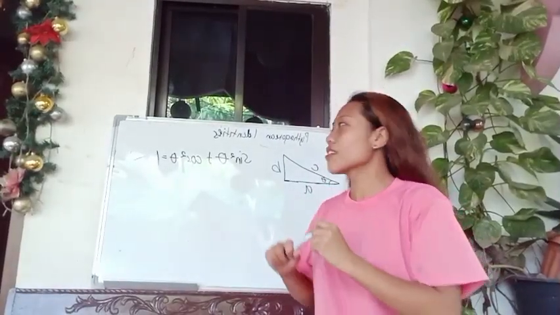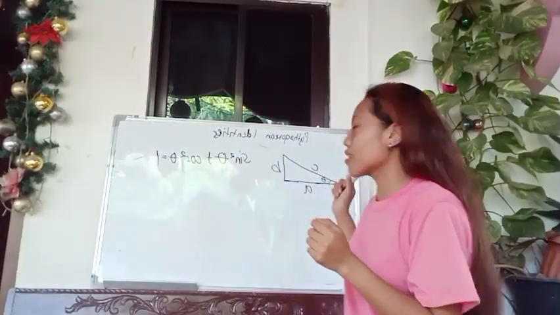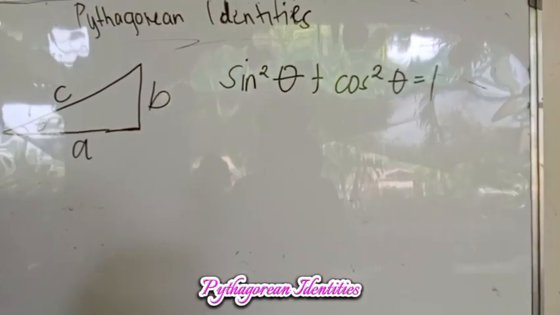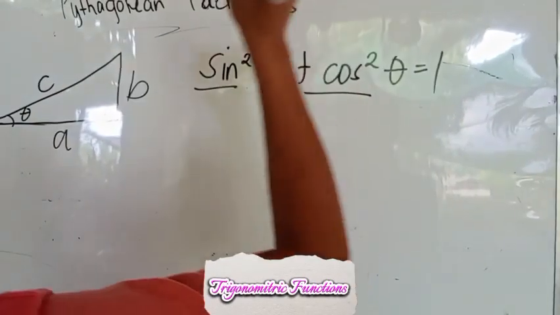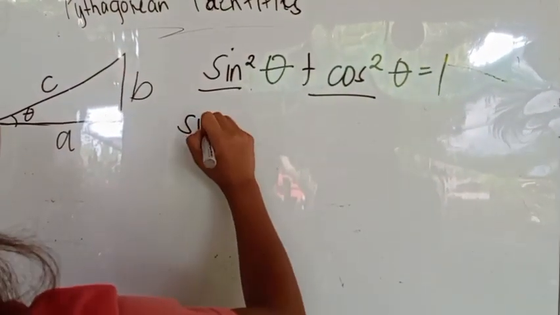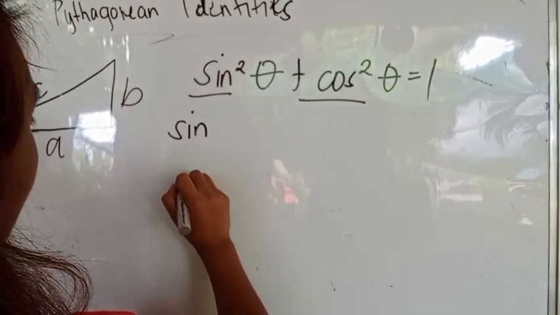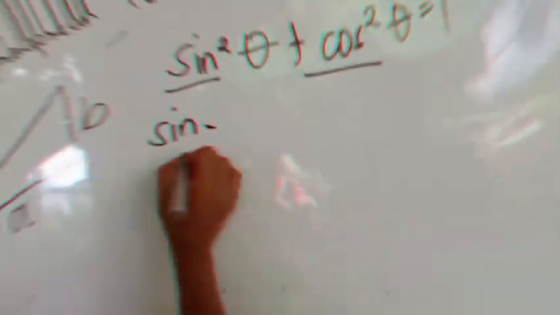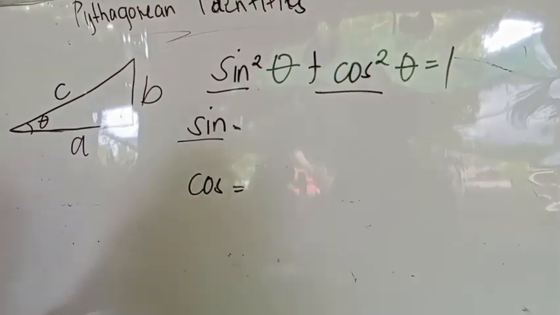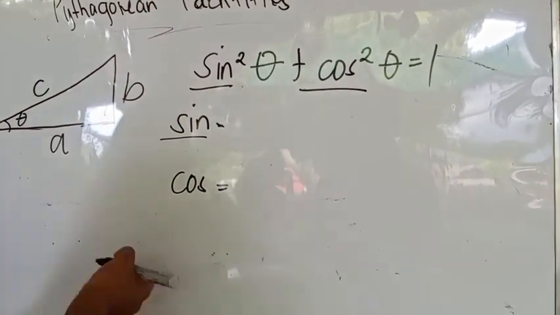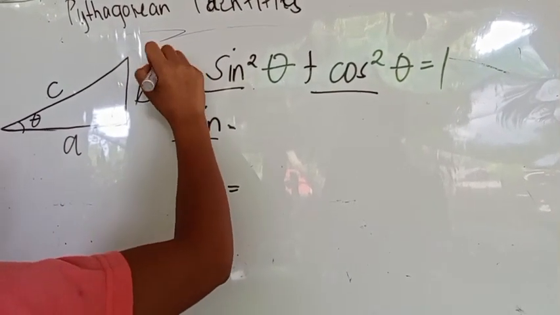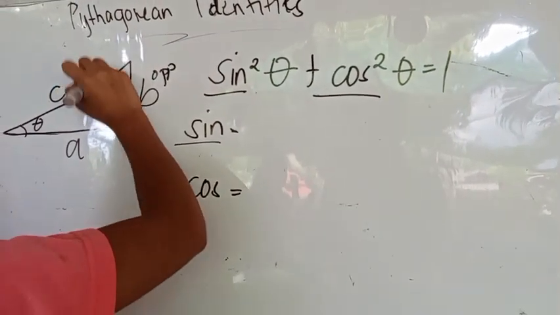Now let's derive this equation using this illustration. Let's find the Pythagorean identities of the trigonometric functions, which are the sine and the cosine. The sine is equal to opposite over hypotenuse, where this is the opposite and this is the hypotenuse.